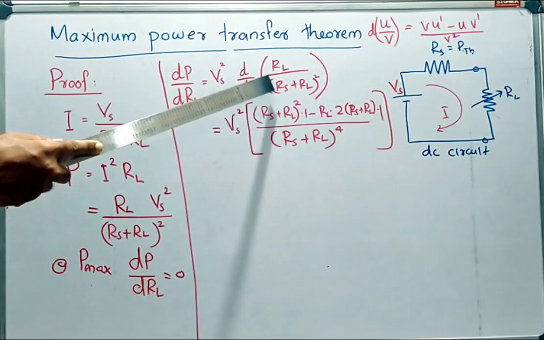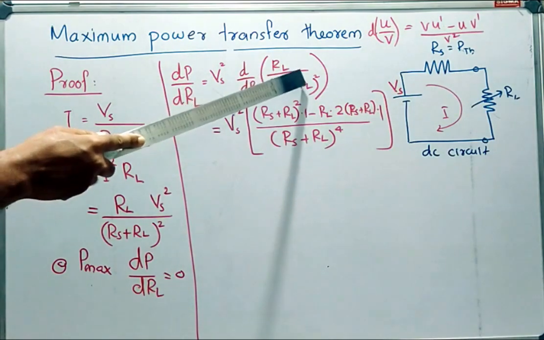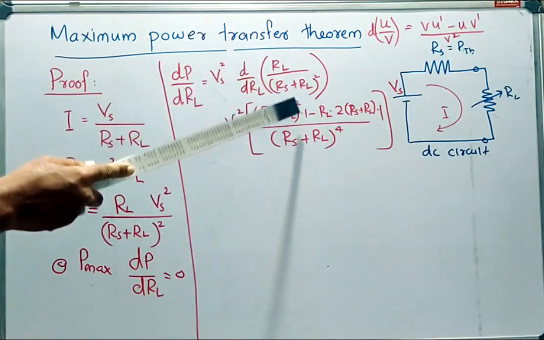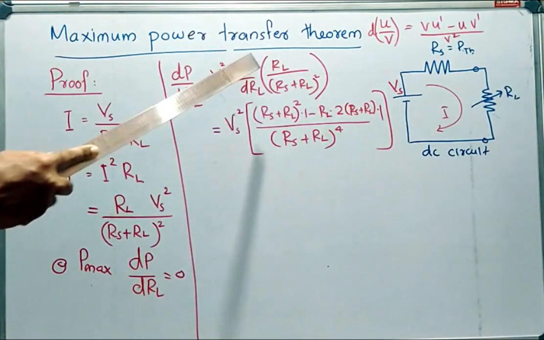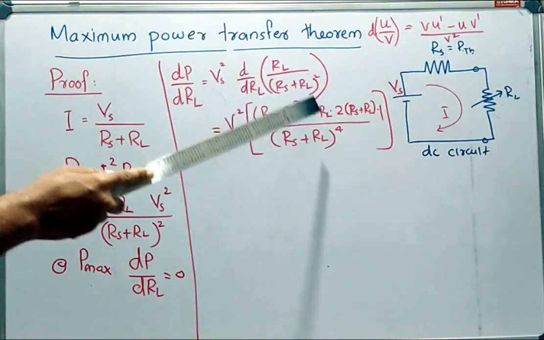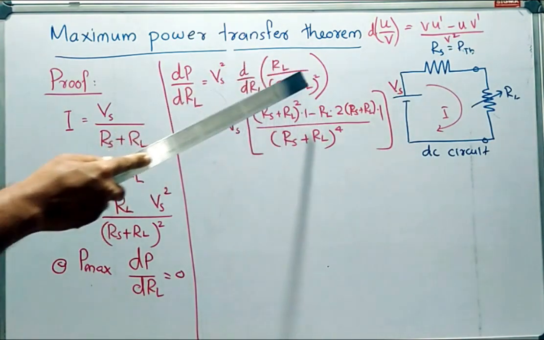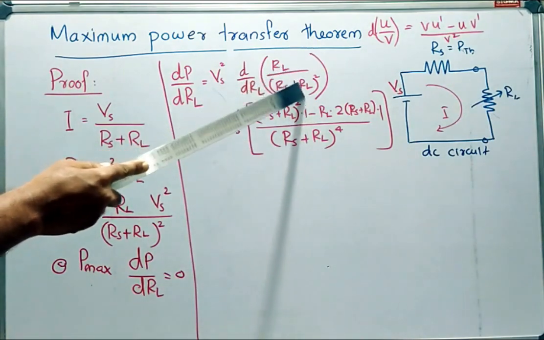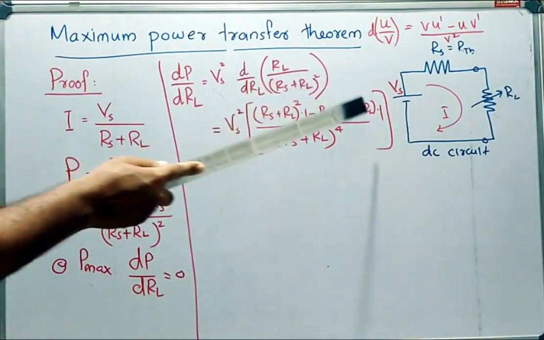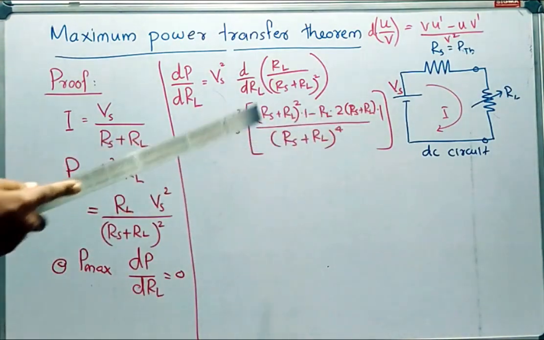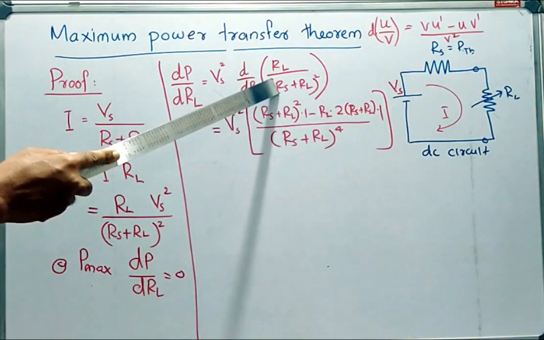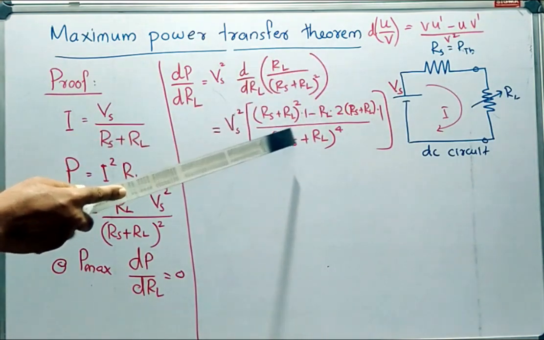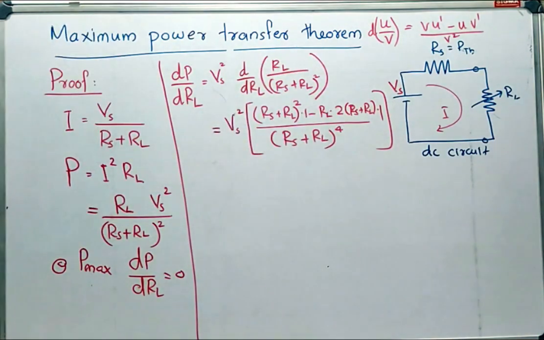So V, that is (Rs plus RL) whole square, into the derivative of RL with respect to RL, that is 1, minus U, that is RL, into the derivative of V, that is 2 into (Rs plus RL) into the derivative of RL with respect to RL, which is 1, all divided by V square, (Rs plus RL) whole square squared, that is (Rs plus RL) raised to 4.